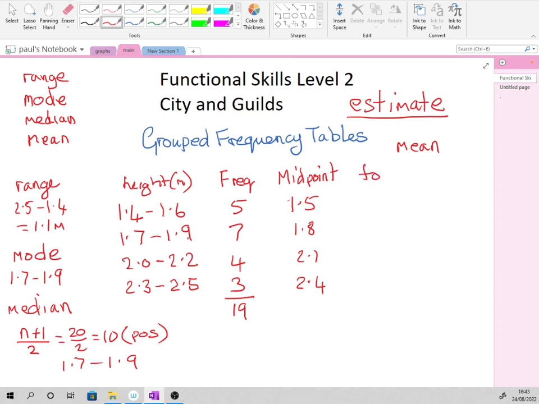Now we've got our last column, which is our total column. So we multiply the midpoint by the frequency. Oh, it's a bit long-winded this, yeah?